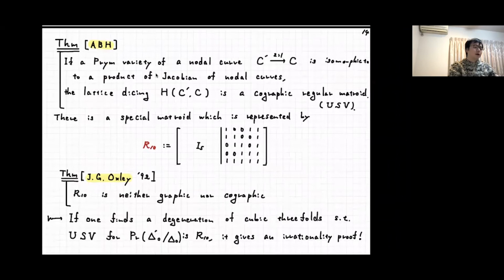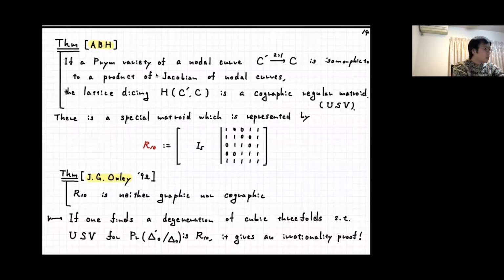Then, a very important theorem, which in fact almost gives the idea to prove the irrationality of the general cubic threefold, is given by the following observation. This is just a part of the result in the ABH, but here I just use the result. I just change the statement so that we can use it in my talk.